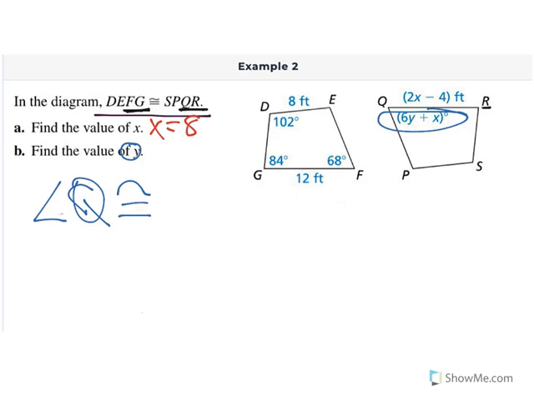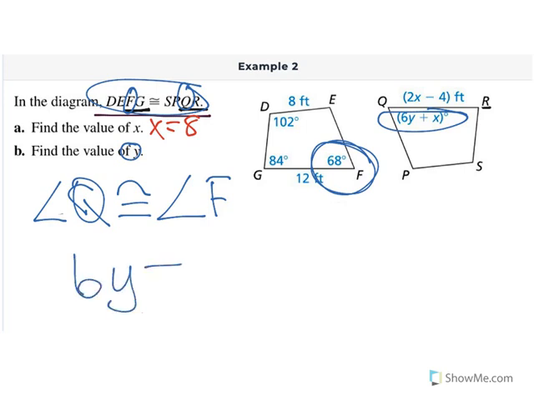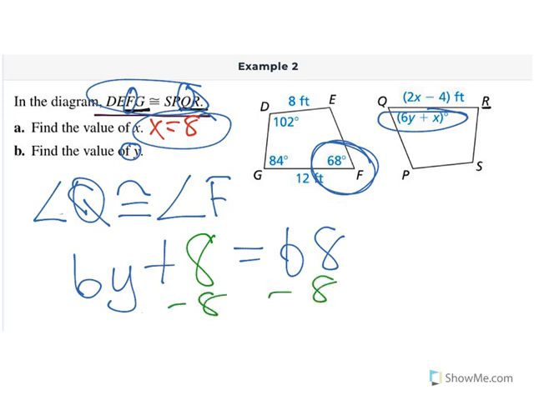Well, let's see, in our letters here, Q is in the same spot as F, so angle Q must be congruent to angle F. Okay, so that means we can say 6y plus x equals 68, except we know that x equals 8, so we can put an 8 there instead of the x to solve for y. So subtract 8, 6y equals 60, divide, and y equals 10.